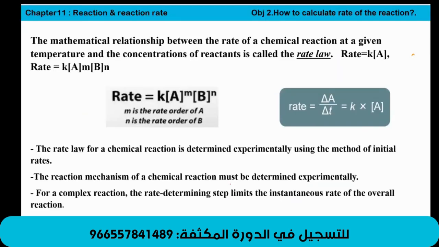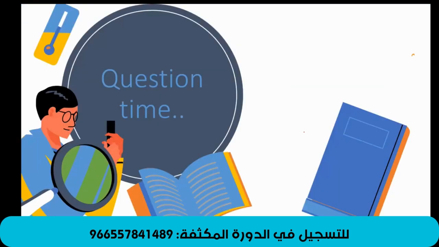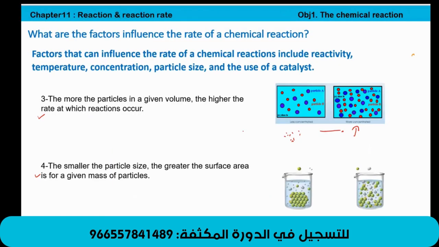Now, can we calculate the reaction rate? Yes, I mentioned the concentration in the beginning. If you want to speed up my reaction, you have to increase the concentration of what?